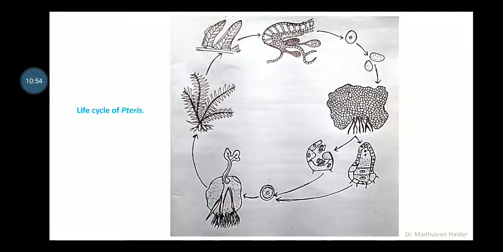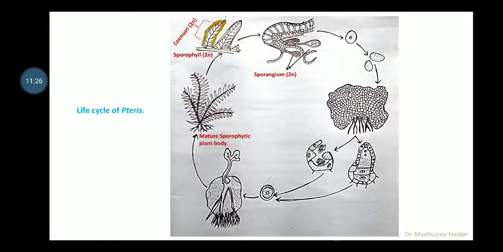So that is the mature sporophytic plant body of Pteris, on which pinnately compound leaves are there, and leaves which bear the sporangia are known as sporophylls, that is 2n, or their chromosome number is diploid, and that bear coenosori on both edges of the leaf.